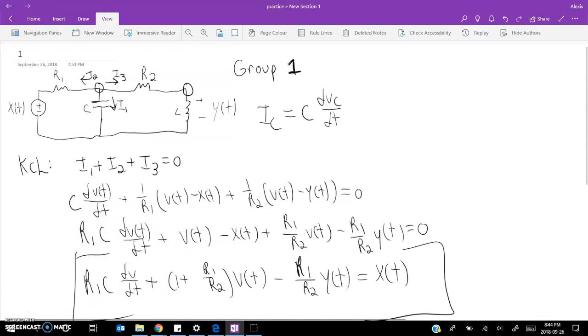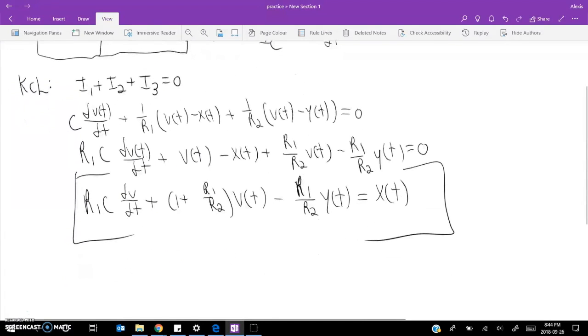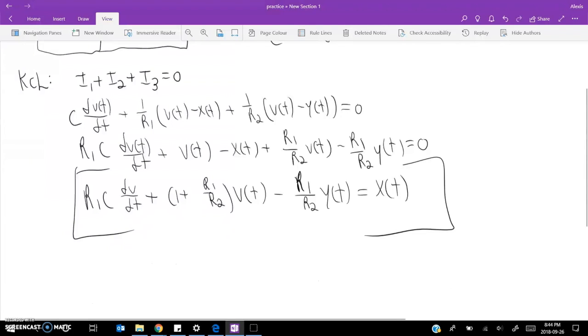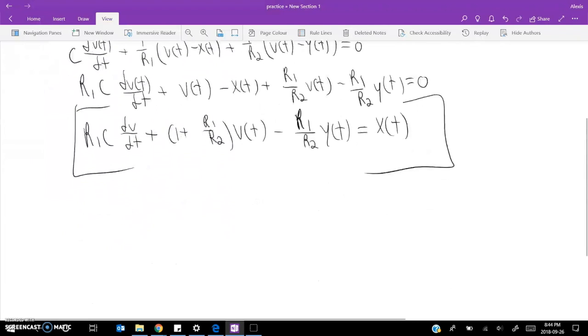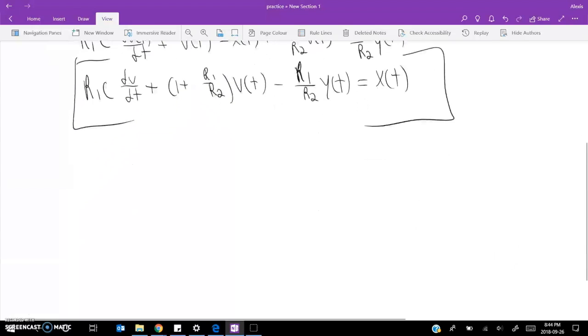So now we're going to apply KCL at this corner in order to obtain a second equation, which will then be used to replace our V of t function, which we want to get rid of. So once again, we are going to use KCL as our method of solving.